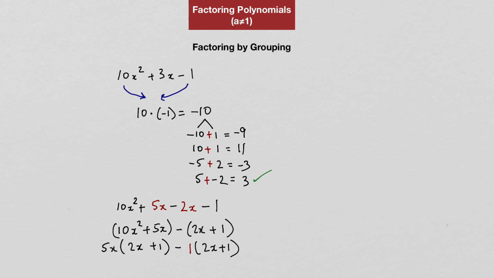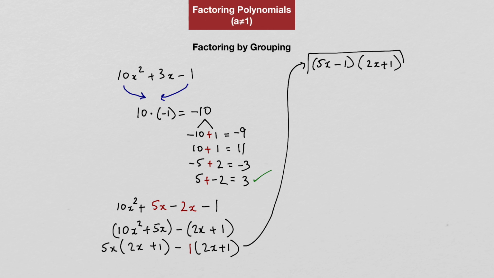So now that we know that 5x is multiplied by 2x plus 1, as well as 1 is multiplied by 2x plus 1, we can rewrite this as follows. This is now 5x minus 1 times the quantity 2x plus 1. And that is our answer for 10x squared plus 3x minus 1.